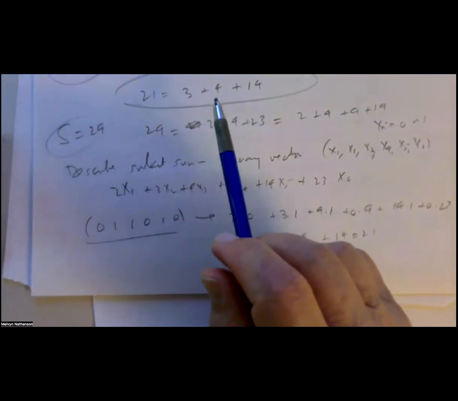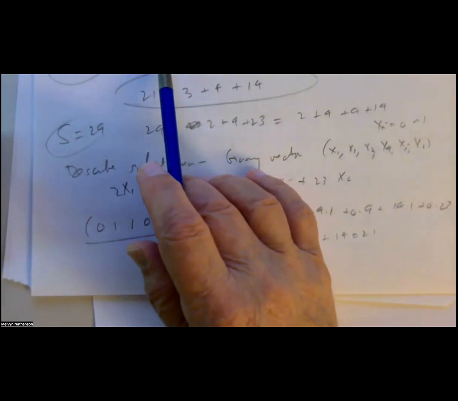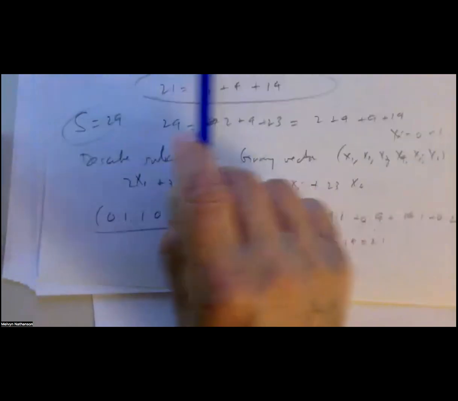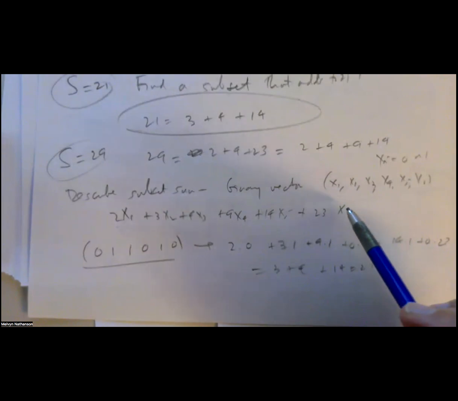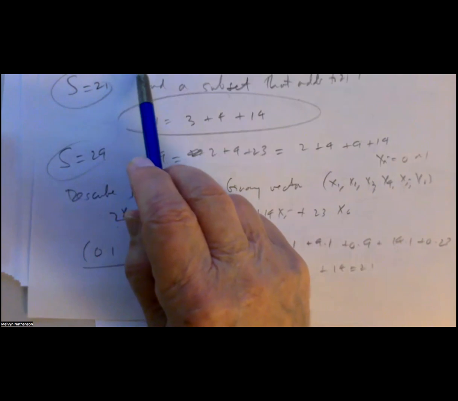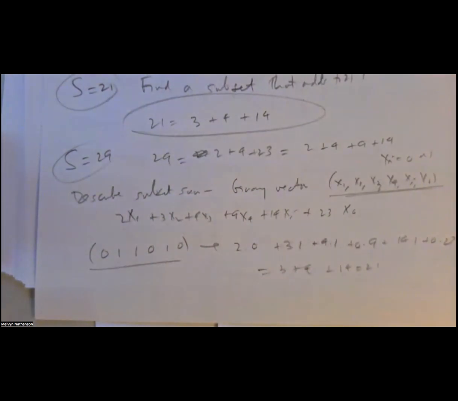So taking a subset sum is exactly the same thing as multiplying, almost like the inner product in linear algebra, of this vector with this binary vector. So there's a one-to-one correspondence between subset sums of a sequence of length n and binary vectors of length n.